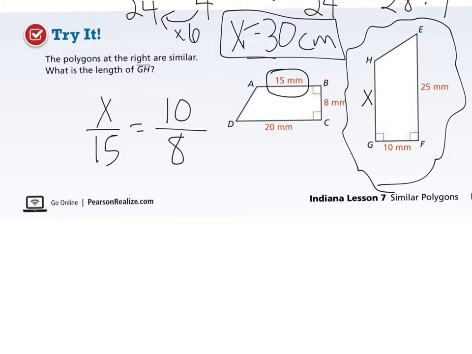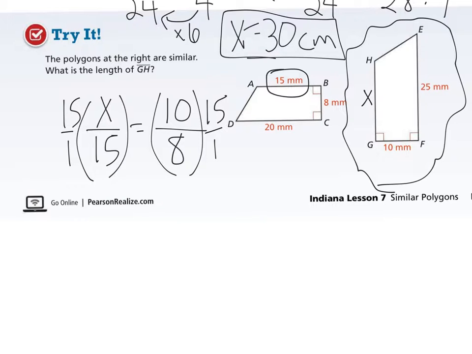So the x is being divided by 15. If we multiply by 15 on both sides of the equation, those 15s are going to cancel, and I'll just have an x left there. So then it's just a matter of simplifying.